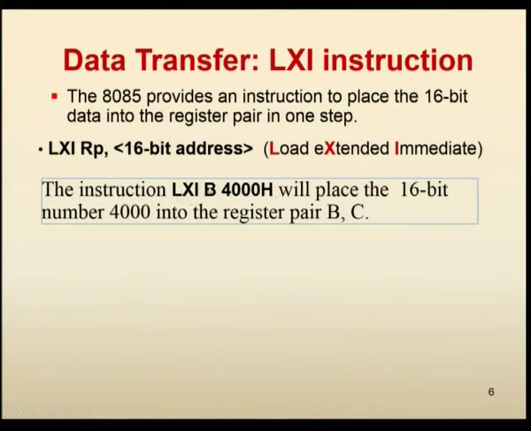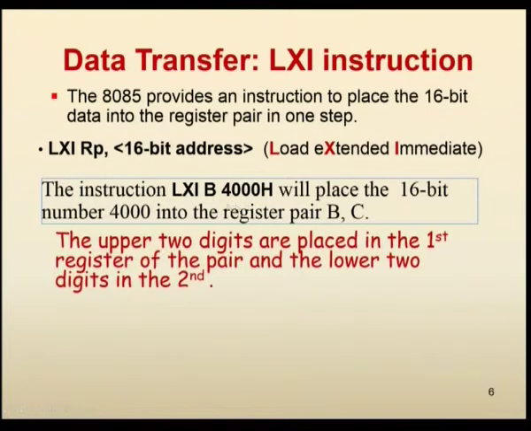This B represents 2 registers. Although we have put only B, when it is an extended data transfer, it automatically implies that 2 registers are involved. You have to transfer 2 bytes. This is 1 byte, 40, and this is another byte. So, upper byte and lower byte.